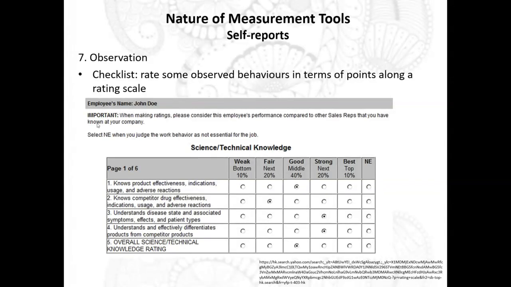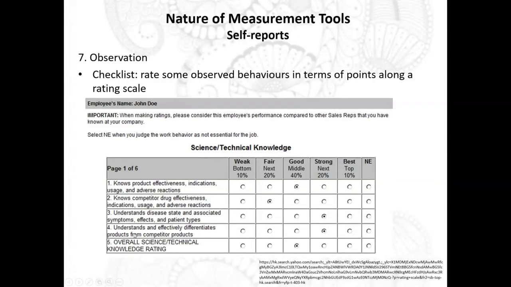And this kind of performance evaluation is also a daily example of the observation approach. Your supervisors will observe your performance throughout a year, and by the end of the year, they will give you a checklist and go through the checklist with you on how you performed for each item. Like in this example, the employee is John, and it is one of the sections in the performance evaluation about science and technology knowledge.